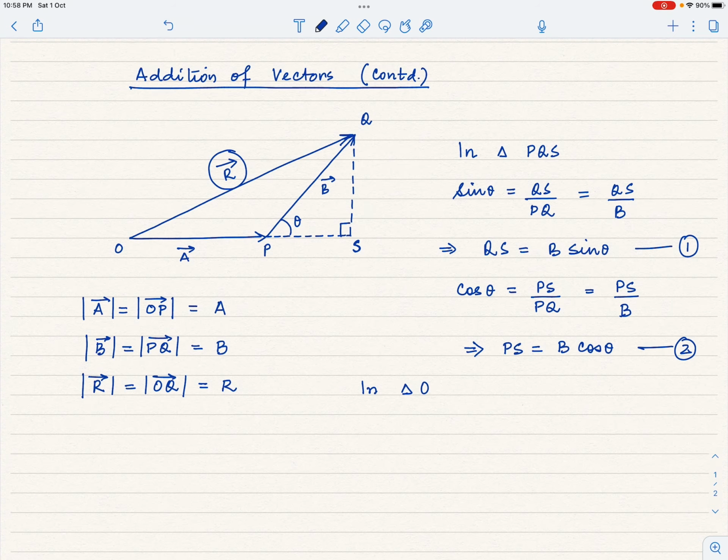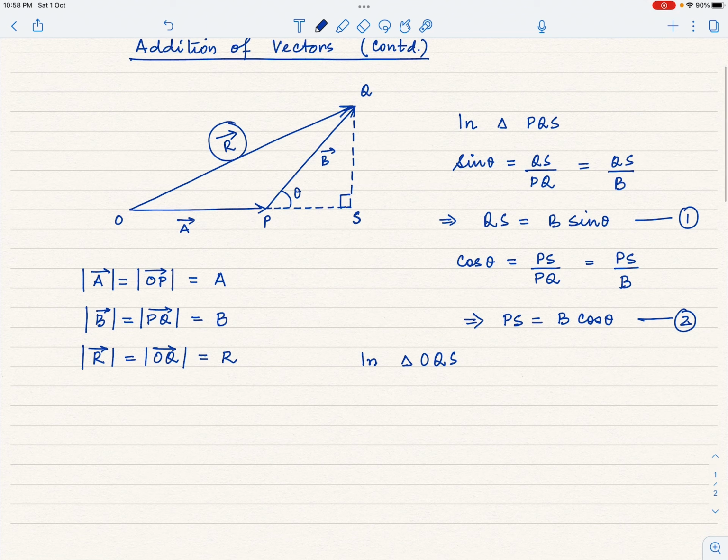In triangle OQS, the bigger right angle triangle that we have, we can write the magnitude of the length OQ squared is equal to QS squared plus OS squared.